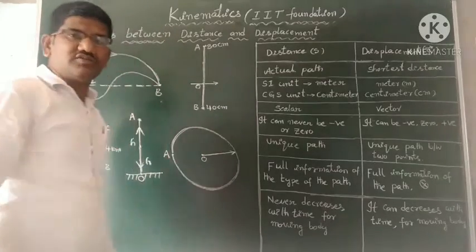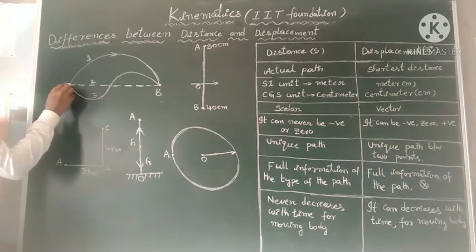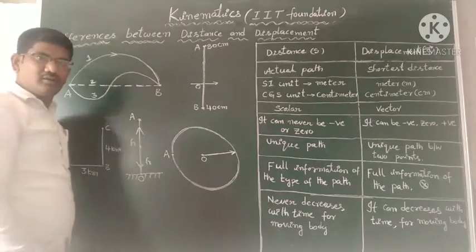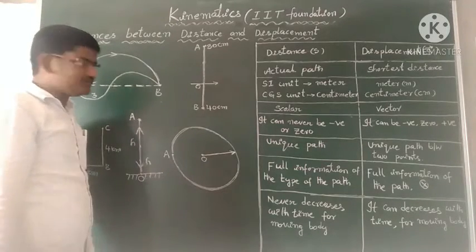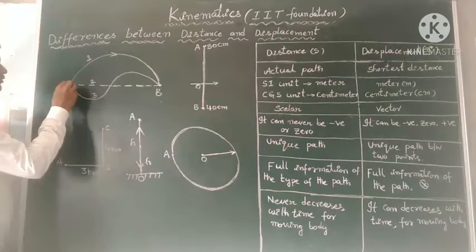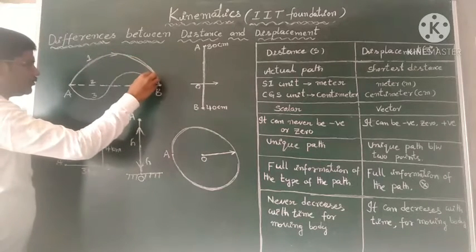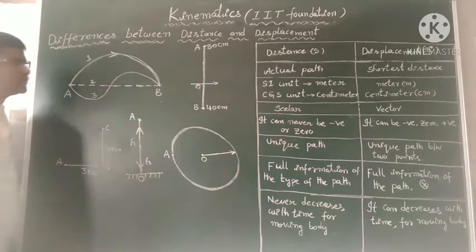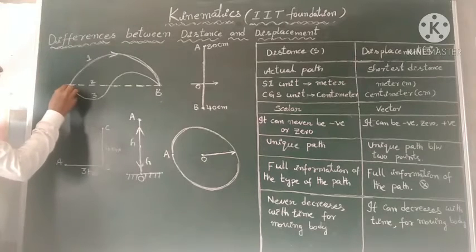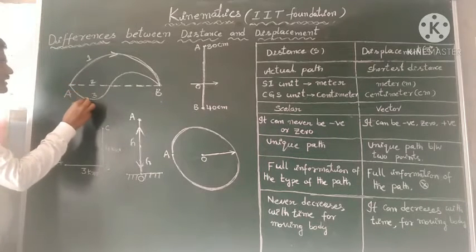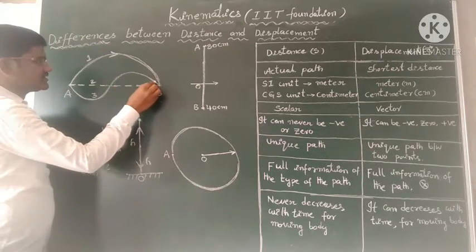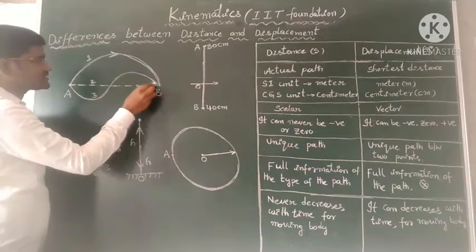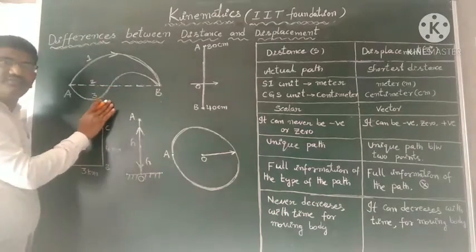Consider a particle that started at A and has to reach point B. It can go from A to B in this curved path, or in this kind of path. This is the third path, or it can go from A to B like this. I have shown here three different paths.